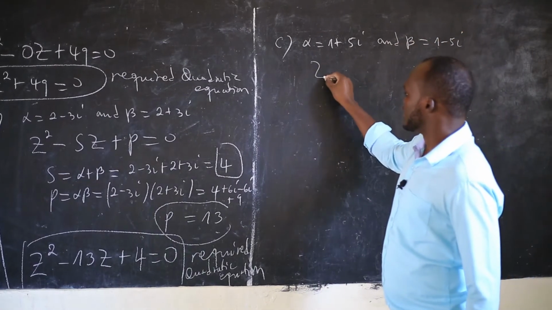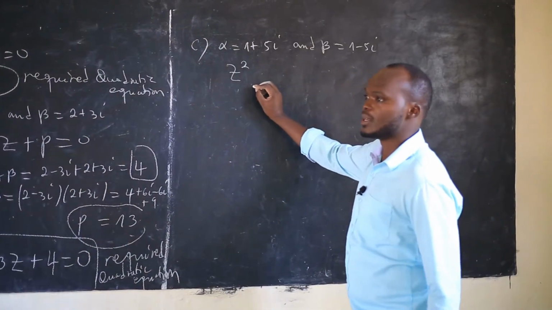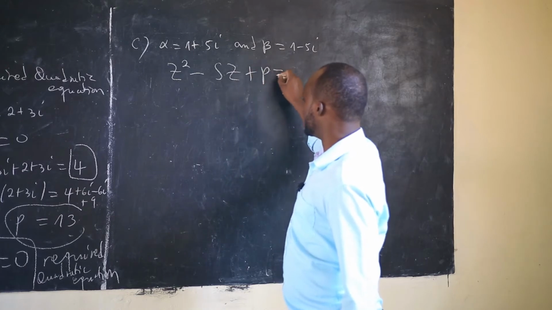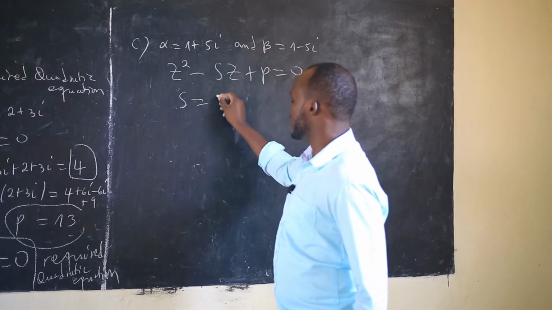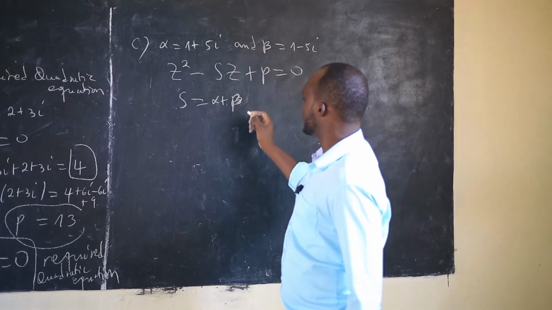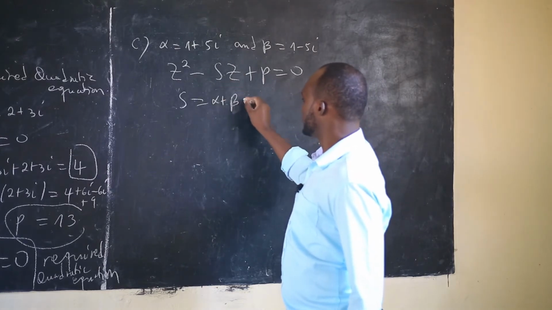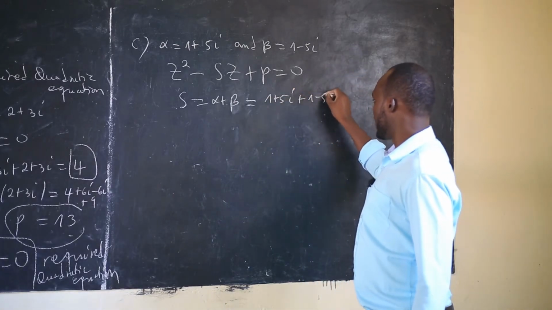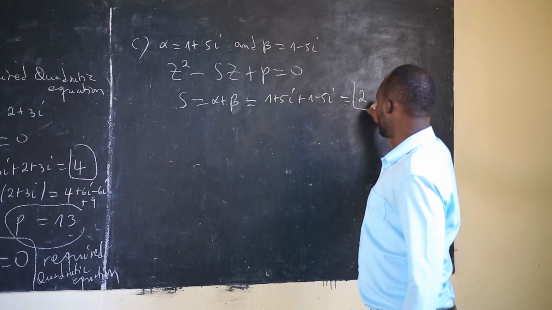We know that the quadratic equation in the form of sum and product is z squared minus sz plus p equal to 0. Our S will be alpha plus beta, which is 1 plus 5i plus 1 minus 5i. The answer is 2.